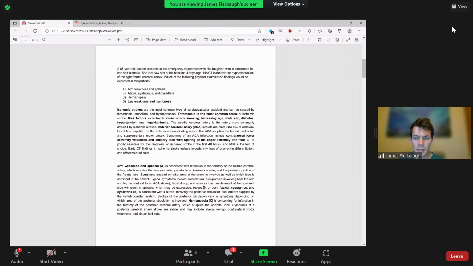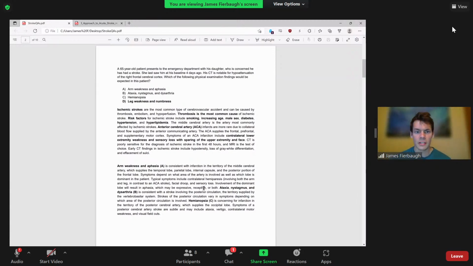Hemianopsia as an isolated finding is concerning for a stroke and infarction specifically within the posterior cerebral artery distribution, and specifically branches supplying solely the occipital lobe. Other findings in the frontal cortex you would not anticipate seeing there.